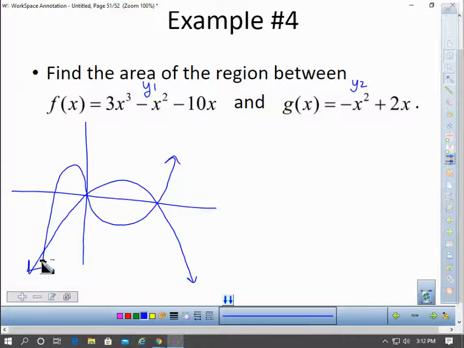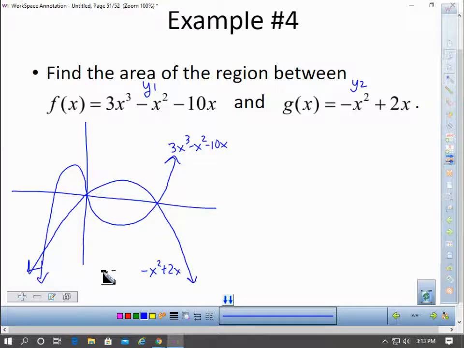All right, there's our cubic function. So notice this function is the cubic one. This function is the 3x cubed minus x squared minus 10x. And then, of course, my parabolic one is the negative x squared plus 2x.